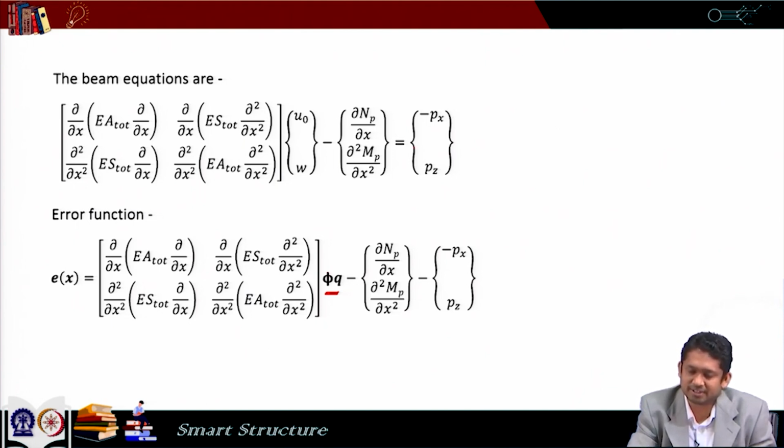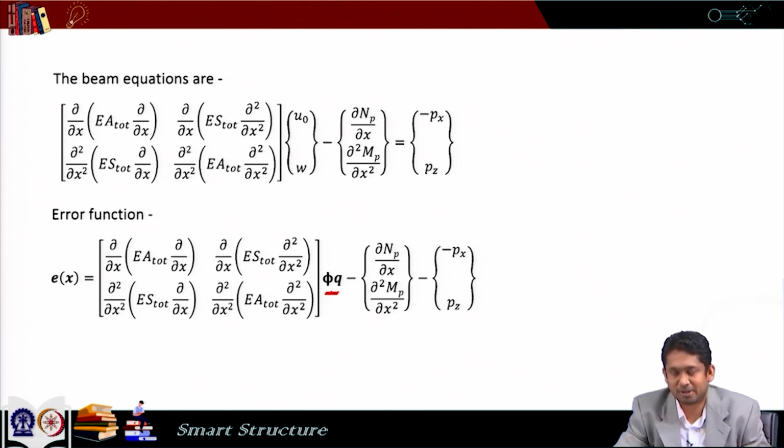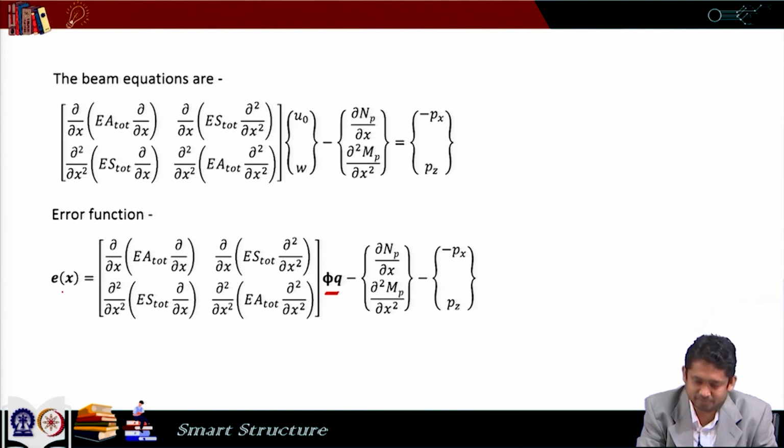So, if I take the right hand side to the left hand side, and if we substitute the u 0 w vector as phi q, then this entire thing may not be exactly 0, because phi q may not be exactly equal to u 0 w. So, there can be some error which is remaining, and that error is this. The closer we are to the real value of u 0 and w, the less is the error.